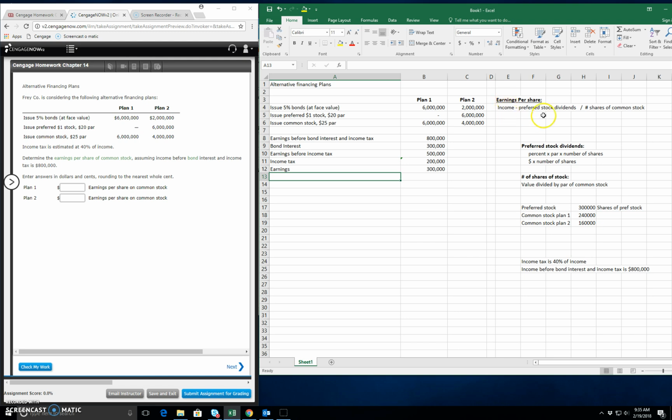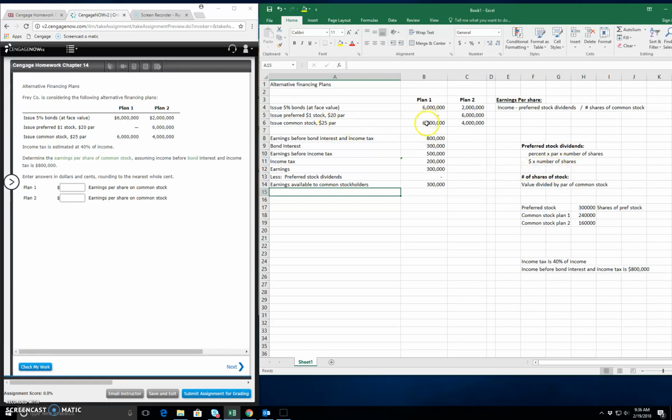That's our earnings. So now we need to take out our preferred stock dividends because we're trying to get to this numerator. Well, in Plan 1, we don't have any preferred stock, so that's 0. So now we have earnings available to common stockholders: 300 minus 0 is still 300,000. That's our numerator. Now let's work on our denominator. We need number of shares of common stock.